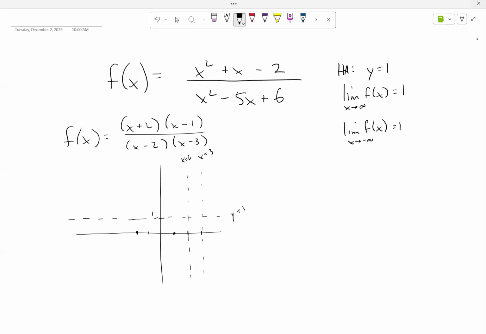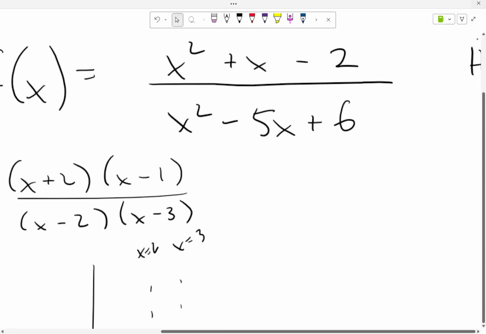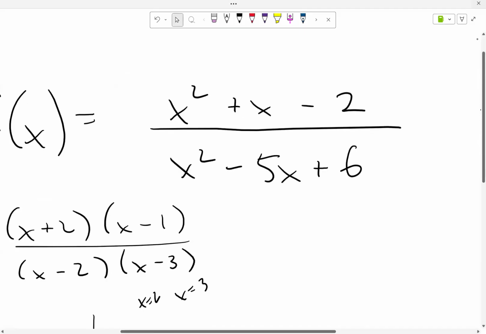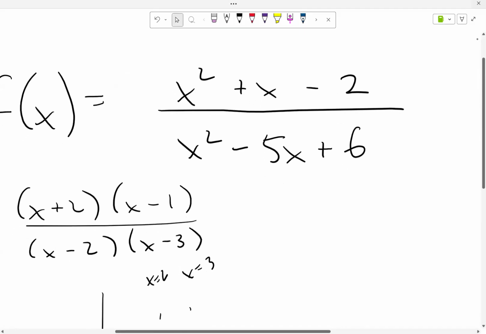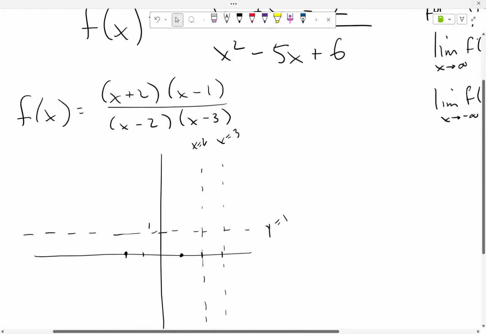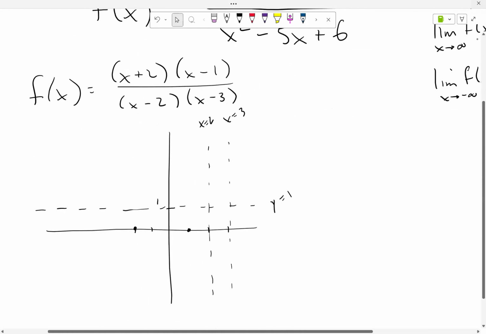You found the x-intercept. I'm wondering if there's a y-intercept. Oh, yeah, sorry, I forgot to find that. You plug in 0. Nice. And I think that's easiest if we just plug that into the original. So the y-intercept would be negative one third, is that right? Okay, negative 1/3.